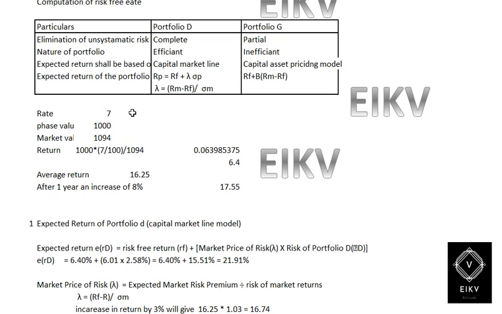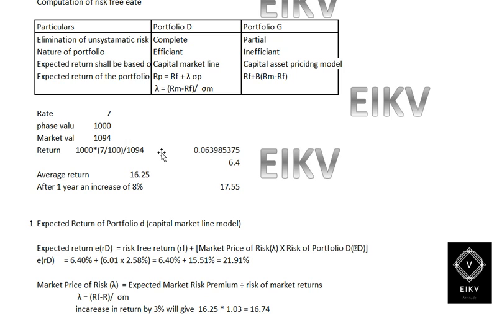Going further, we have the computation of the risk-free rate as given in the question. The rate would be 7%, face value is 1000, and the market value of the government guaranteed bond would be 1094. Therefore the computation of return in percentage would be 1000 into 7% divided by 1094.